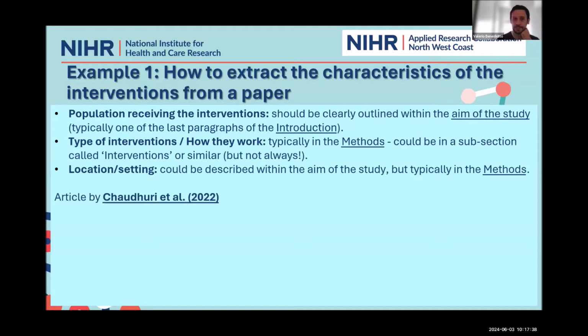Now, I'm going to show you an example here of how we extracted the information about these elements in a previous RaCEE that Luís and I co-produced with the help of a couple of clinicians last year, I think, if I remember well.